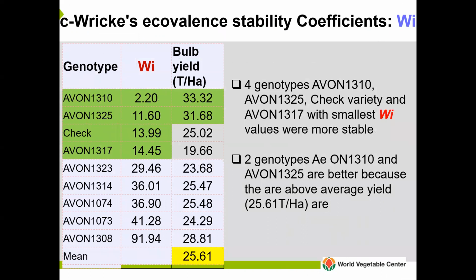The third model used was Wricke ecovalence stability measure.